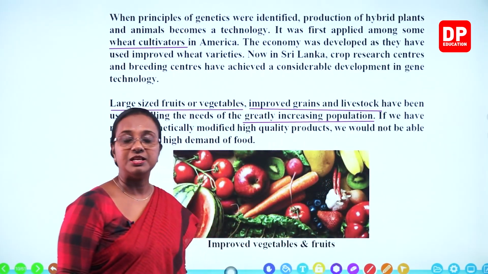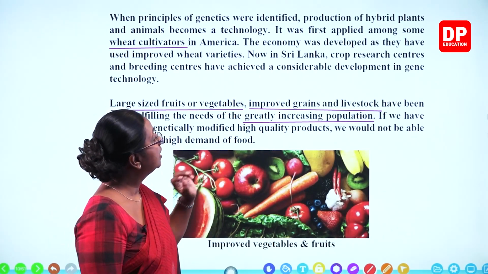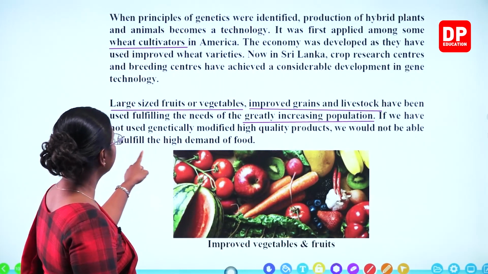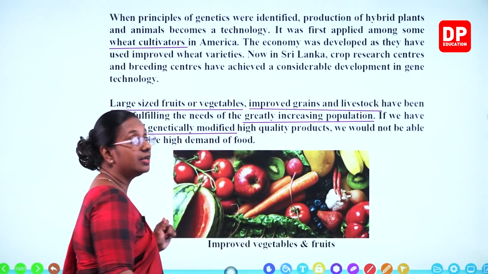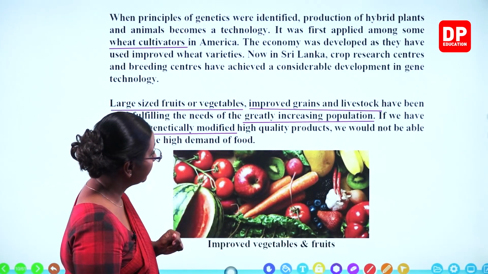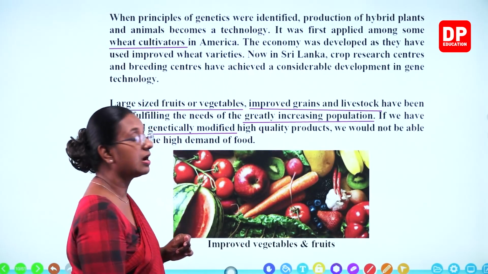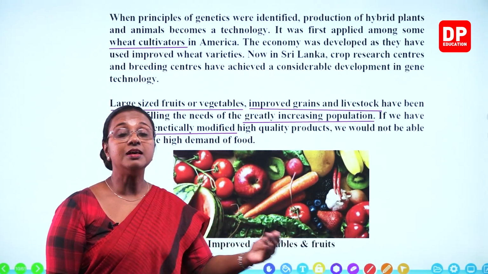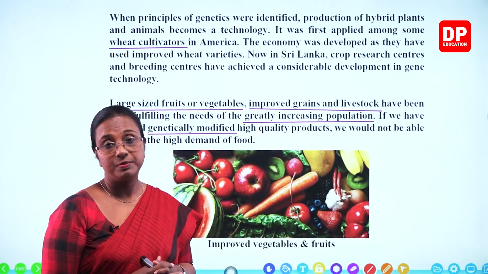This is what I mentioned to you all. To satisfy the needs of the population, these are needed. If we had not used genetically modified, this is an important term, genetically modified high quality products, we would not be able to fulfill the high demand for food. So we will not be able to provide food for the whole population.